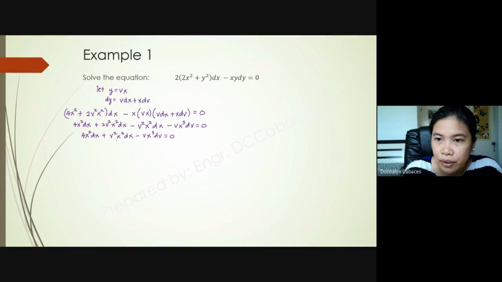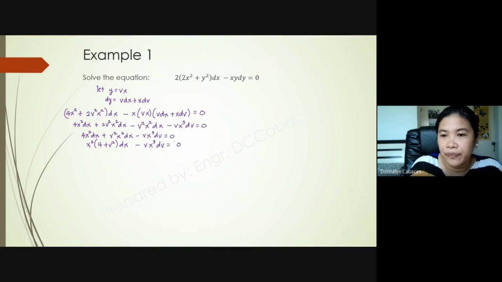And from the first two terms, you can factor out x squared and dx. So you have x squared times 4 plus v squared dx minus v x cubed dv is equal to 0.